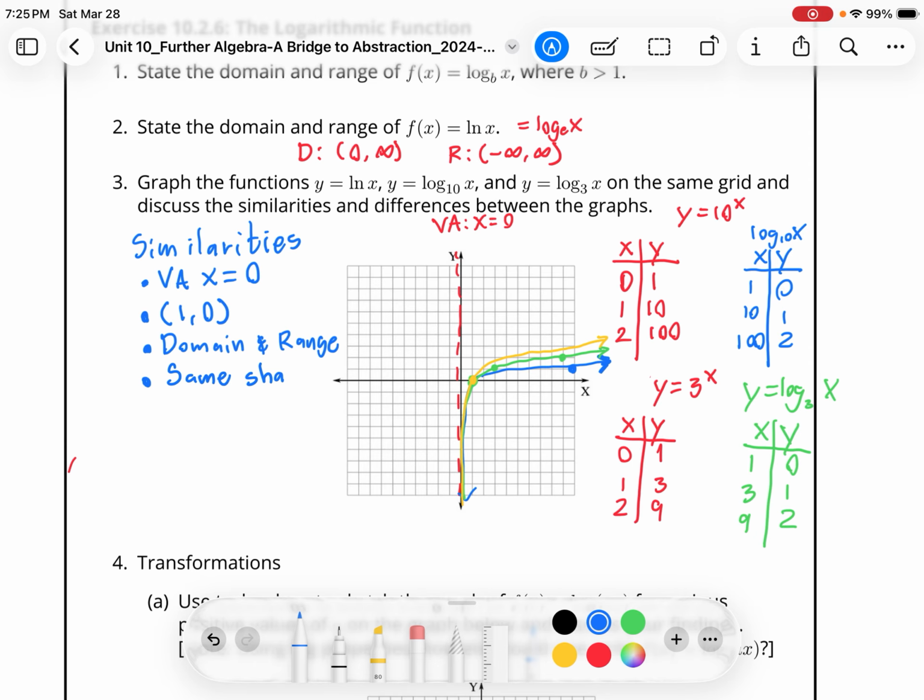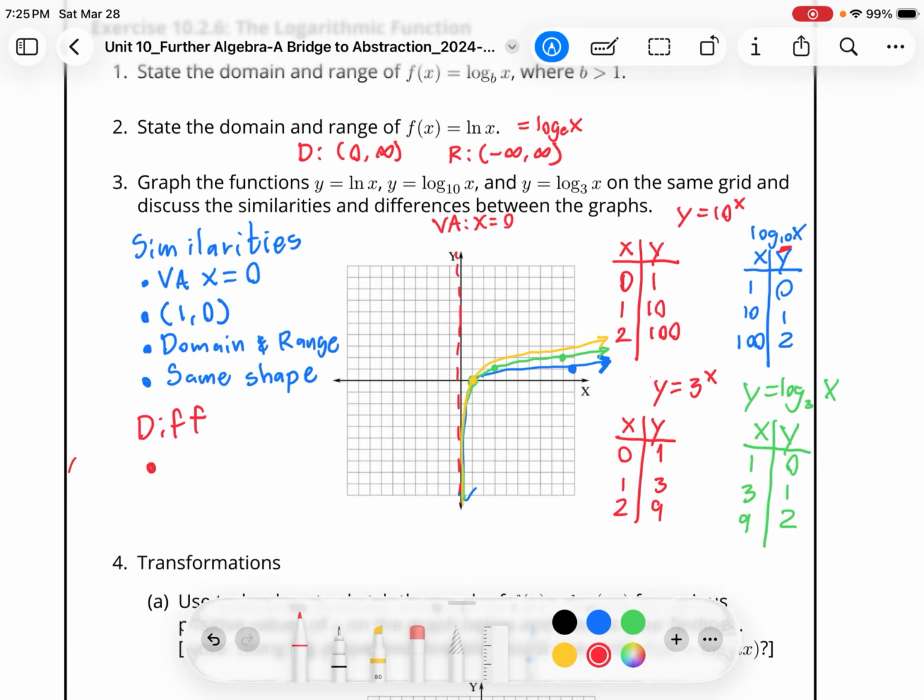Notice that I'm saying the same shape. I didn't say that they look exactly alike. Now, the difference, there's not a whole lot of differences, but I did notice one difference, and hopefully so did you: the bigger the base of the logarithm, for example, at 10, all right, the smaller the growth.